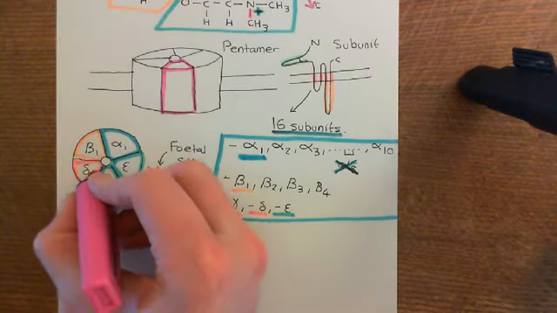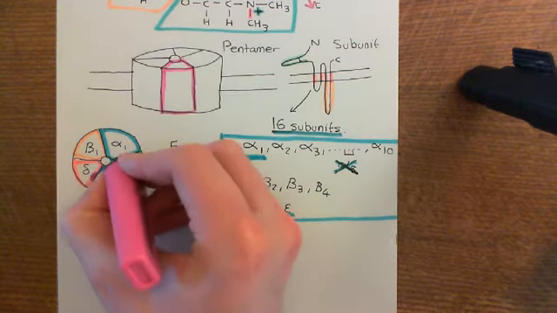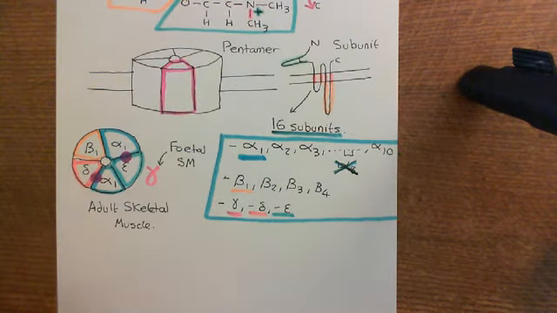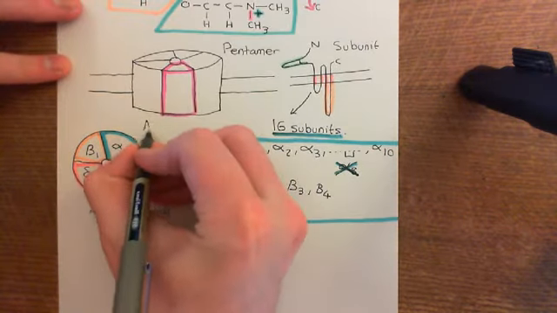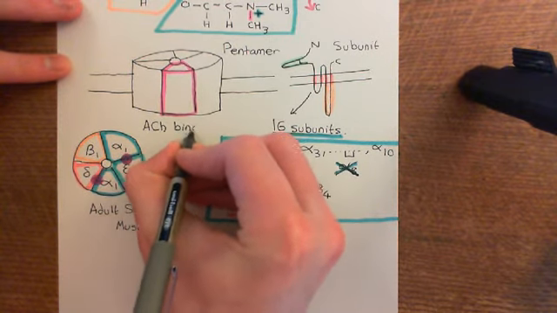Now one of them is located between the alpha-1 and the delta subunit, and the other is located between the alpha-1 and the epsilon subunit there. So these are the acetylcholine, which I'll abbreviate to ACH, binding sites.